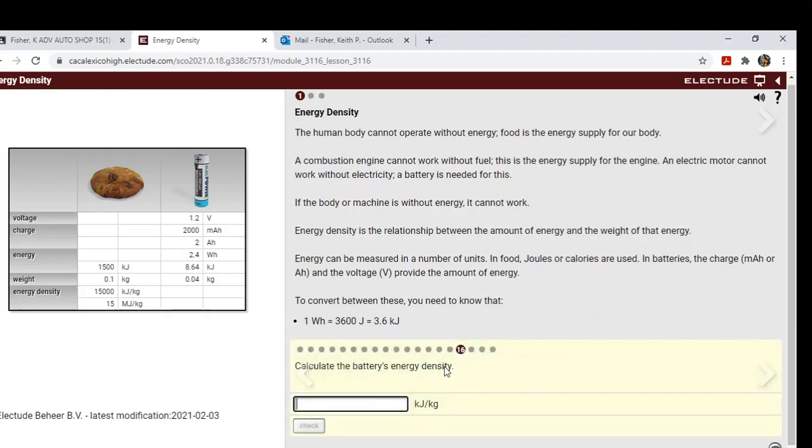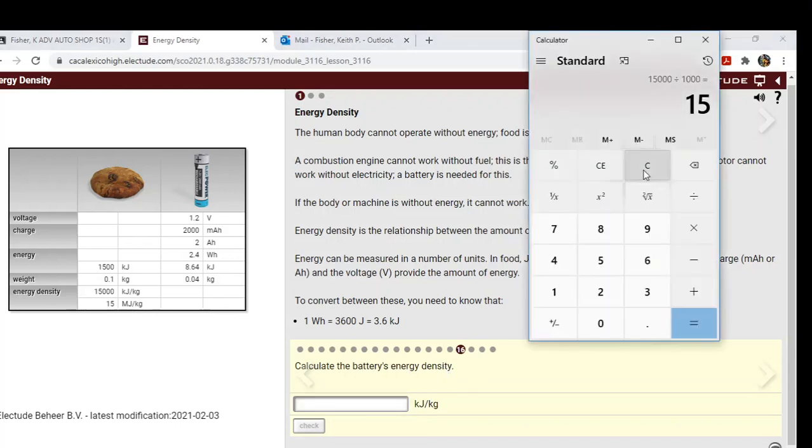Calculate the battery's energy density. All right. So we're looking at 8.64 kilojoules divided by 0.04 kilograms.